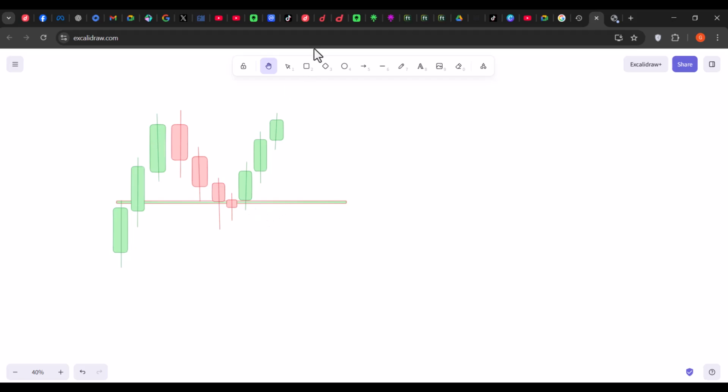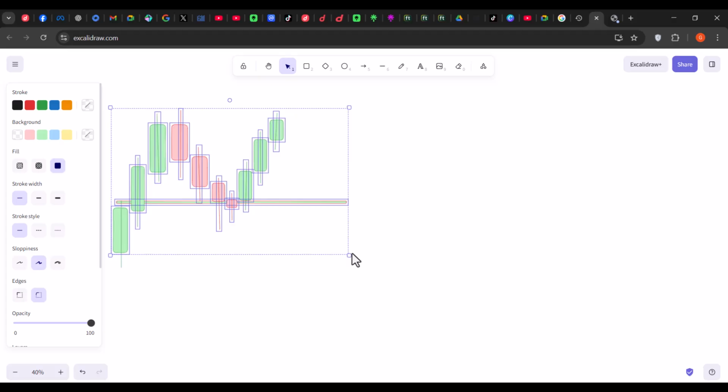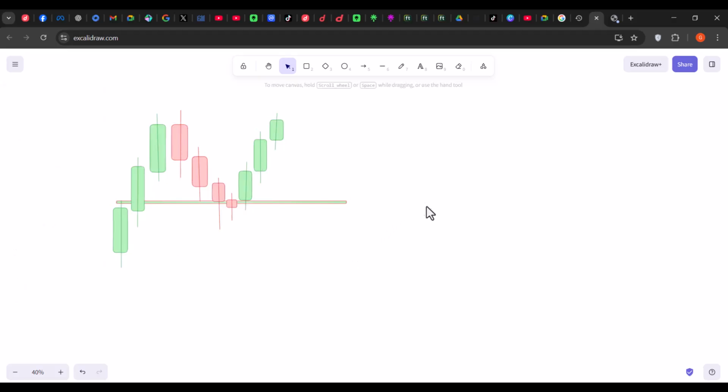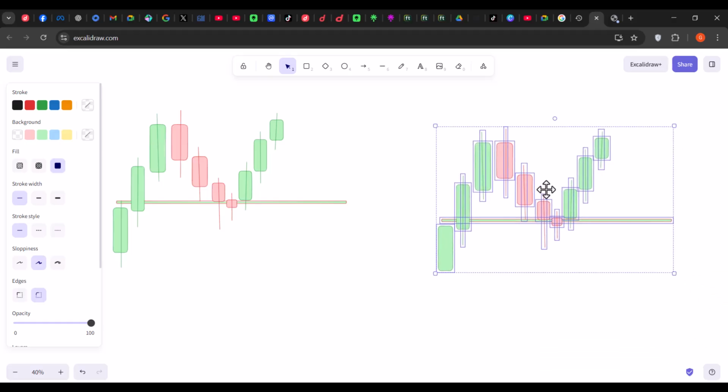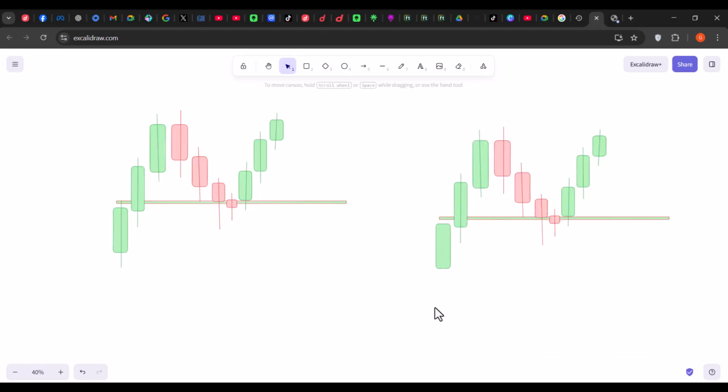Now let me see if I can copy all this, and I don't want to draw again. Copy. Let me see if I can paste. Okay, I can paste it over here. That's fine. Good.